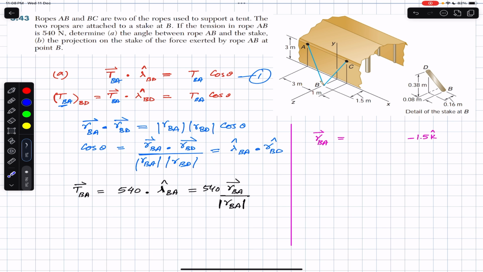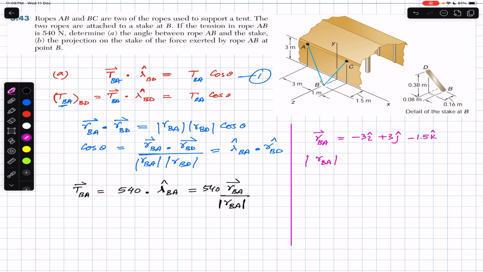Then from here we travel this distance in the negative x, so in the negative i, we travel 3 meters. So minus 3i. And then from here we travel 3 meters in the positive y direction, so plus 3j.